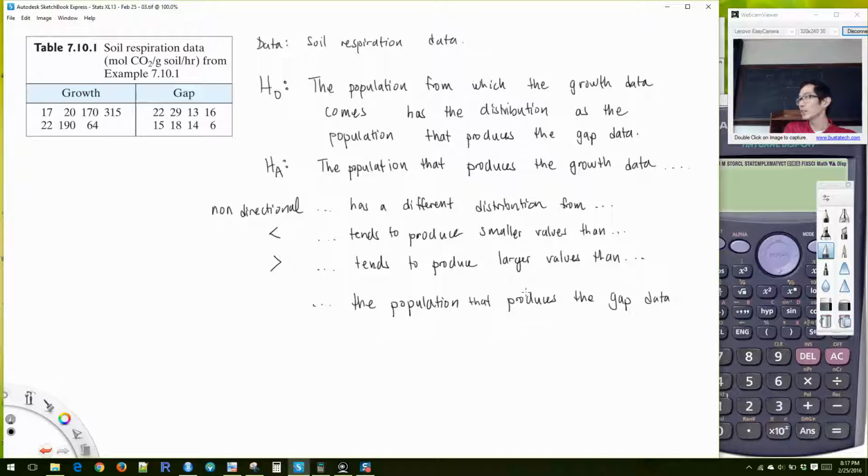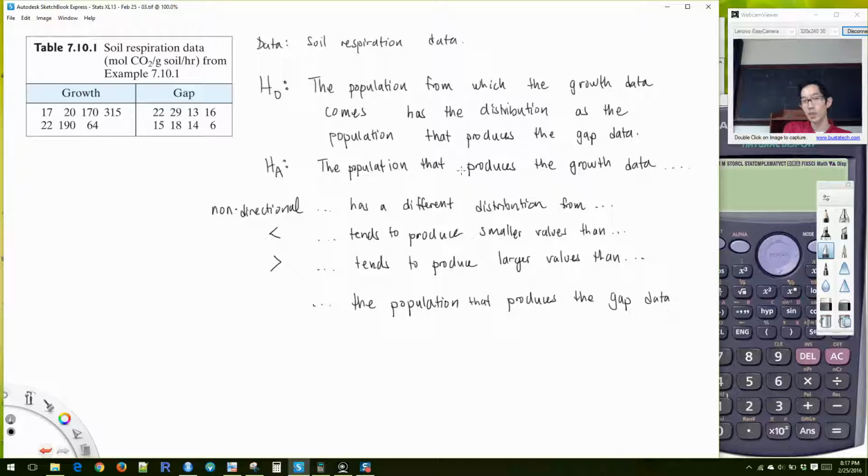So I've basically written three statements here. If you wanted a non-directional alternative, it would be the population that produces the growth data has a different distribution from the population that produces the gap data. Or the equivalent of a less than sign in your alternative hypothesis would be the population that produces the growth data tends to produce smaller values than the population that produces the gap data.